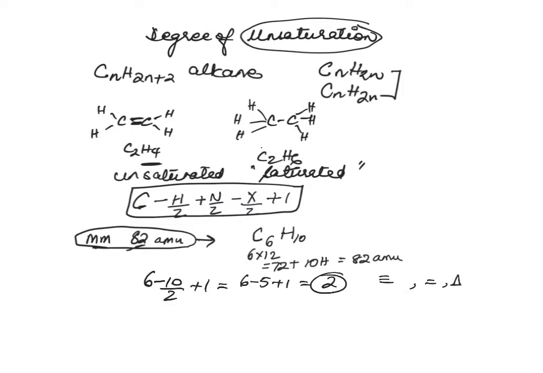So when you think about this molecule, you can have many such structures. For example, maybe you have 1, 2, 3, 4, 5, 6 carbons, and that's a diene. So there'll be 2 hydrogens here, a hydrogen here, a hydrogen here, a hydrogen here, so that's 3, 4, 5, 6, 7, 8, 9, and 10.